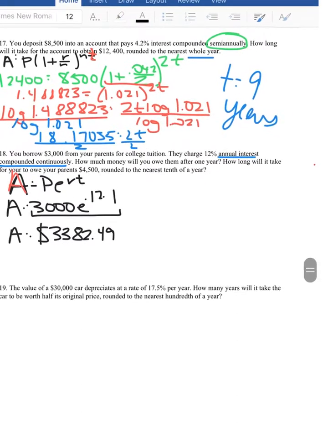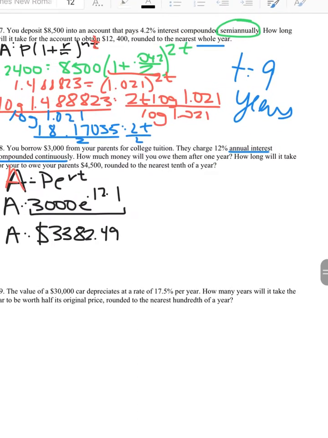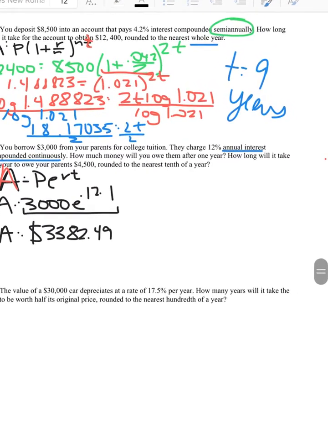For part 2, how long will it take for you to owe your parents $4,500, rounded to the nearest tenth of a year? So keep in mind you're rounding there. So this is still the same formula. This is going to change. P is always going to be 3,000. E is always E, and then your rate in this particular case is always 12%.